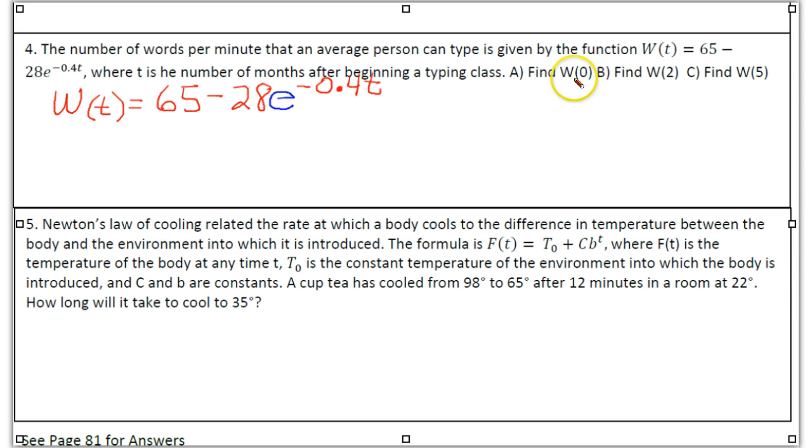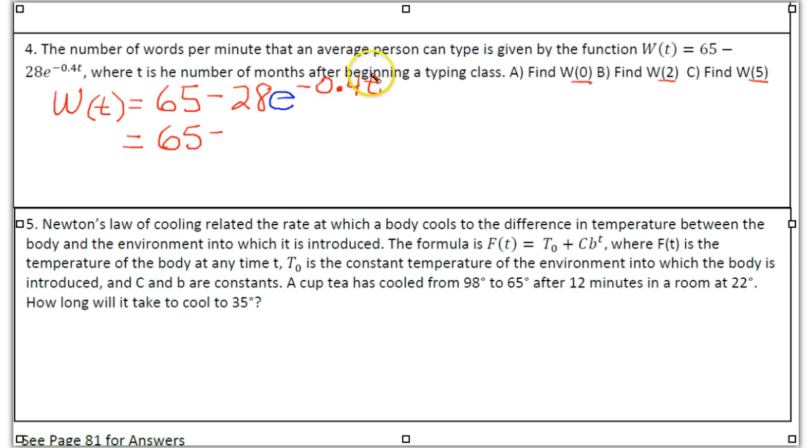Now, find when t is 0, t is 2 months, and t is 5 months. So, we do some substitution here. We want it for 0 months.